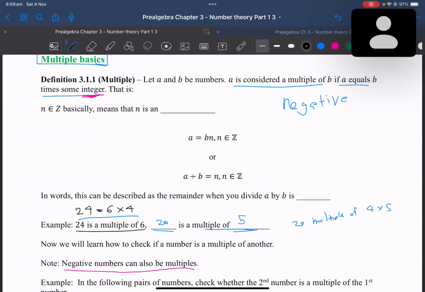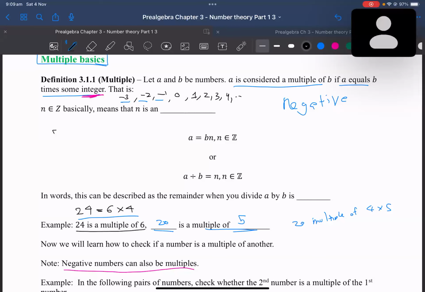No, right? Integers are whole numbers. It could be 1, 2, 3, 4, and so on, but it could also go the other way: 0, -1, -2, -3, all those numbers. So that means you can multiply by a negative number as well.